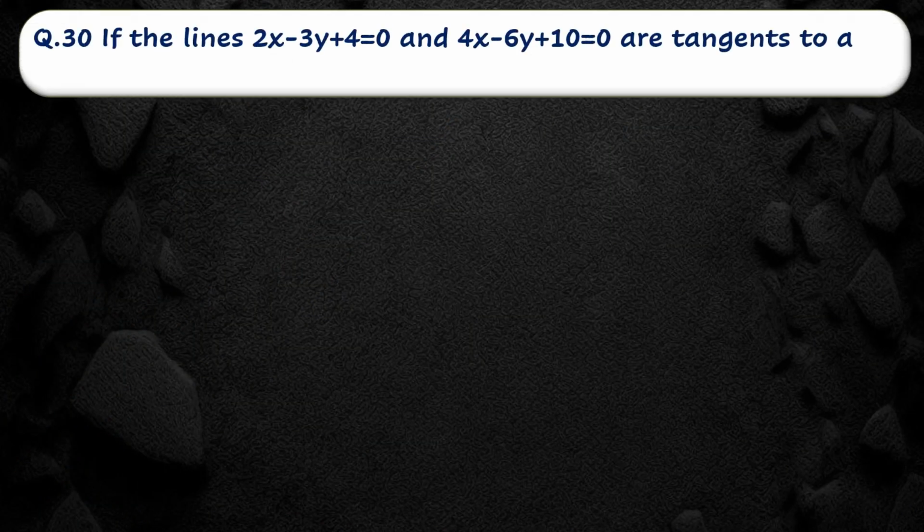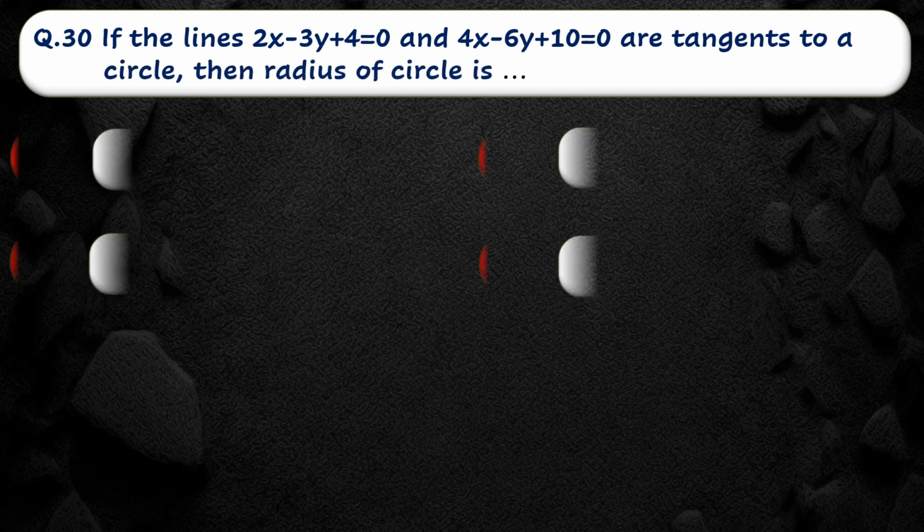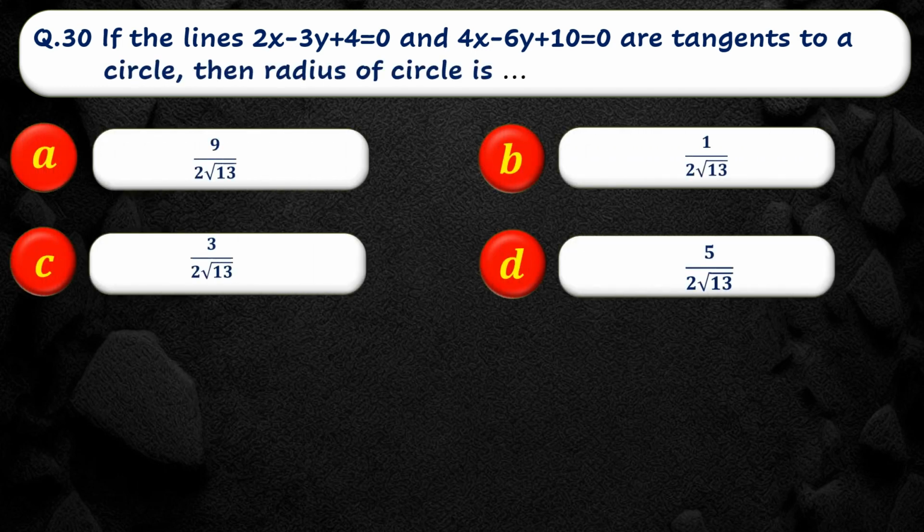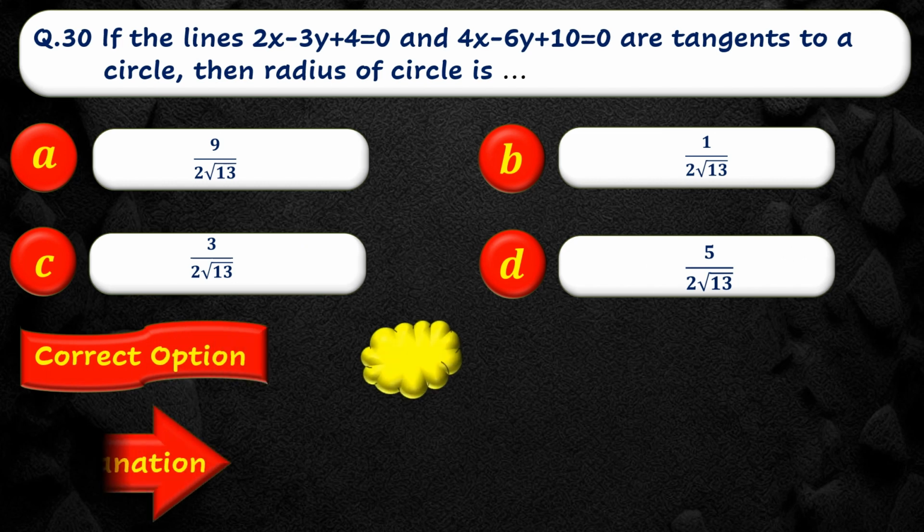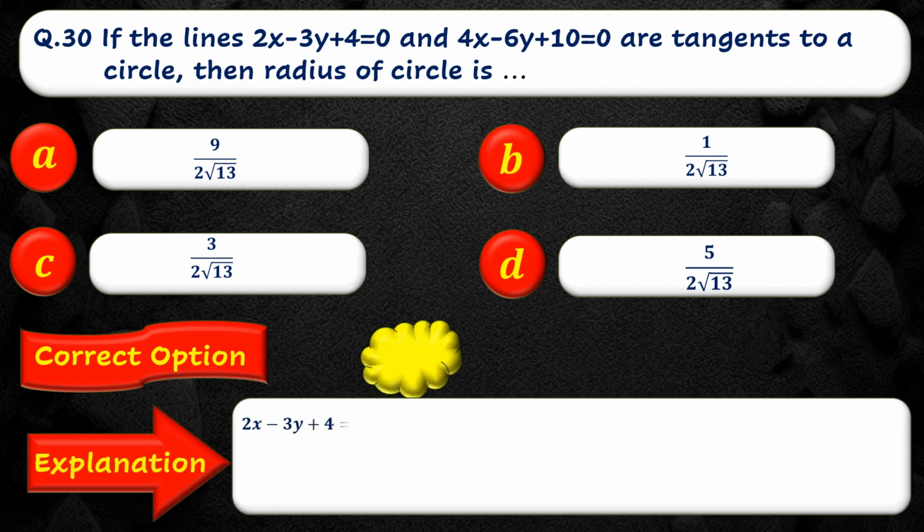Question number 30. If the lines 2x minus 3y plus 4 is equal to 0 and 4x minus 6y plus 10 is equal to 0 are tangents to a circle, then radius of circle is, and the options are, let's find out which one is the correct option. Given lines are 2x minus 3y plus 4 is equal to 0 and 4x minus 6y plus 10 is equal to 0.